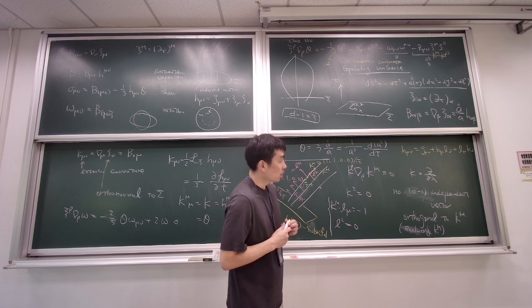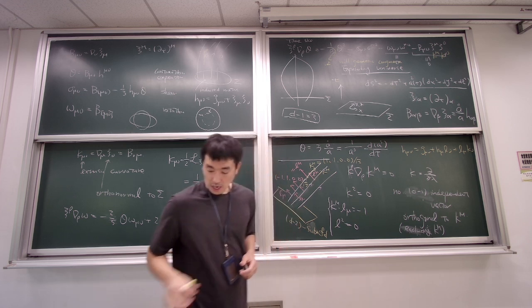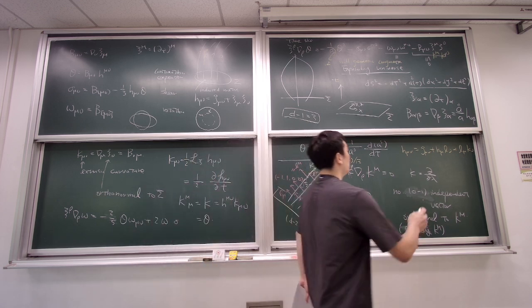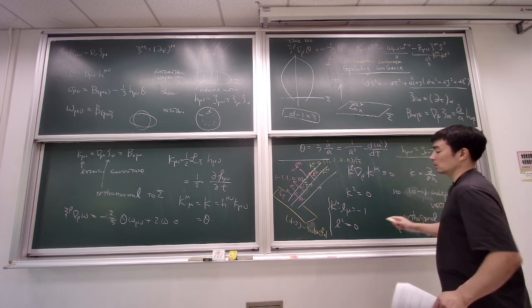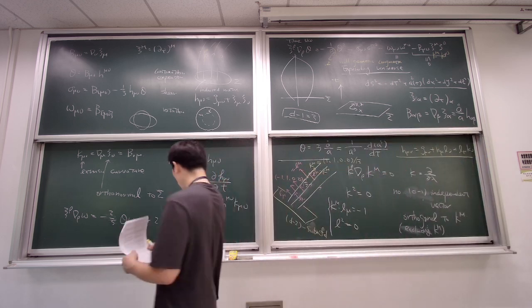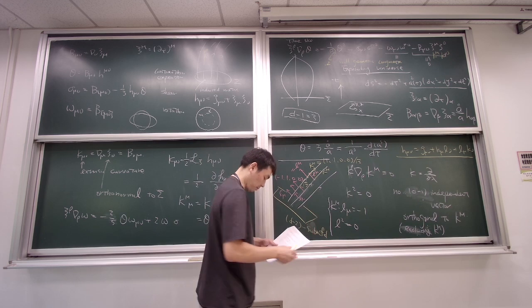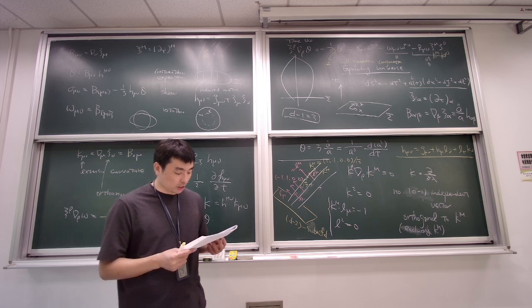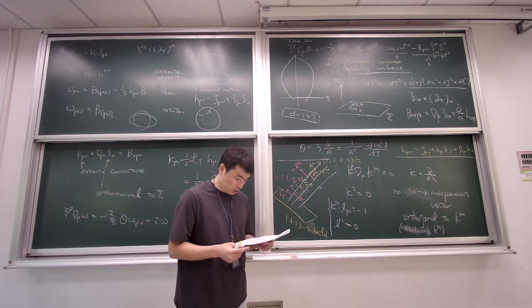And how do you define this projection? This is the induced metric on this surface, or whatever you call it. It's not a hypersurface. It's not codimension 1. It's codimension 2.